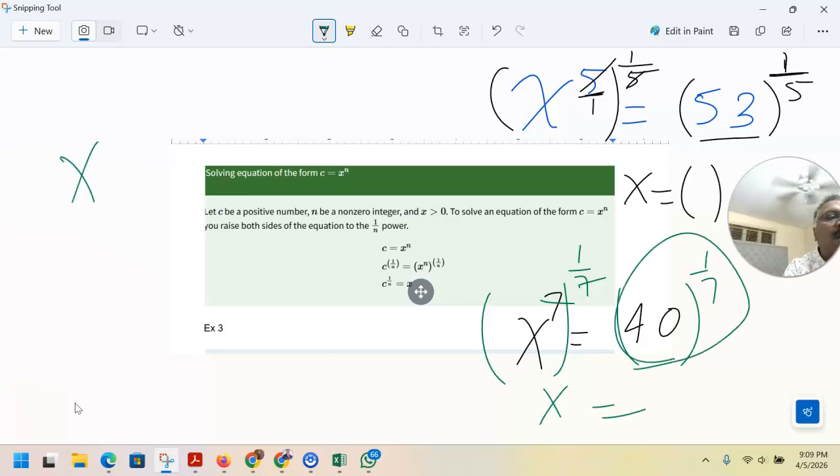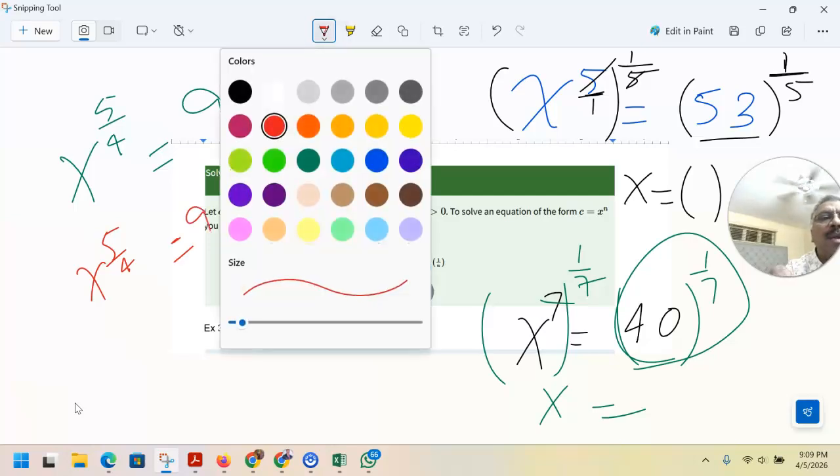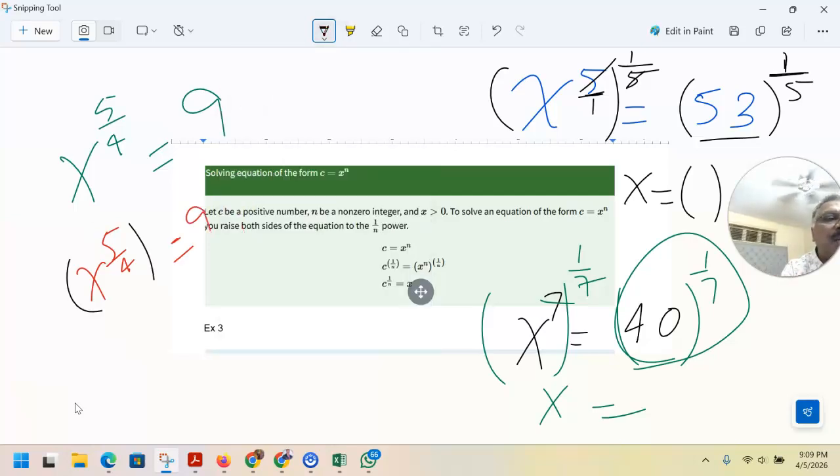Or sometimes you may have x raised to 5 over 4 equals 9. So how do we find x? All you do is write x raised to 5 over 4 one more time on both sides, and raise it to the power of the opposite of 5 over 4, the reciprocal, which is 4 over 5.